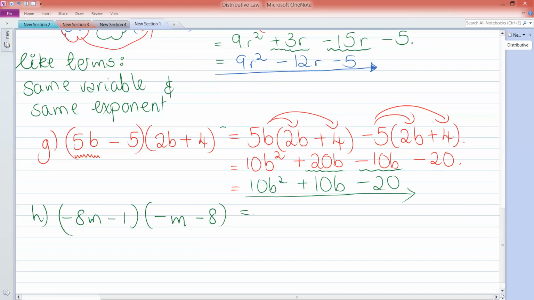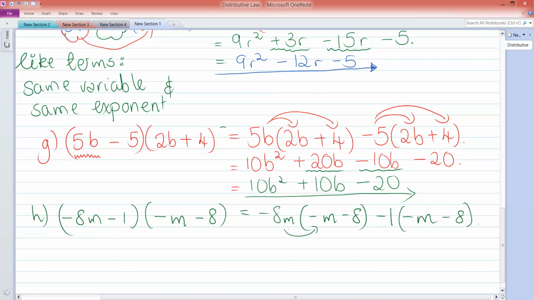The only difference is that this time we have coefficients all around that are negative. So I'm going to take my negative 8m here, multiply it into negative m minus 8. Then negative 1 into negative m minus 8.